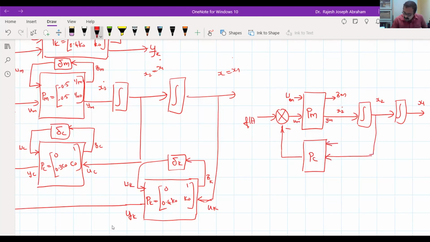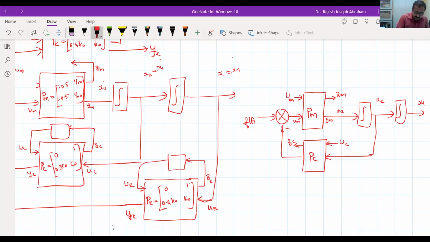So there is an exogenous input WC, and a regulator output ZC. Okay. So what I'm doing, I'm just cutting off and opening the delta blocks.